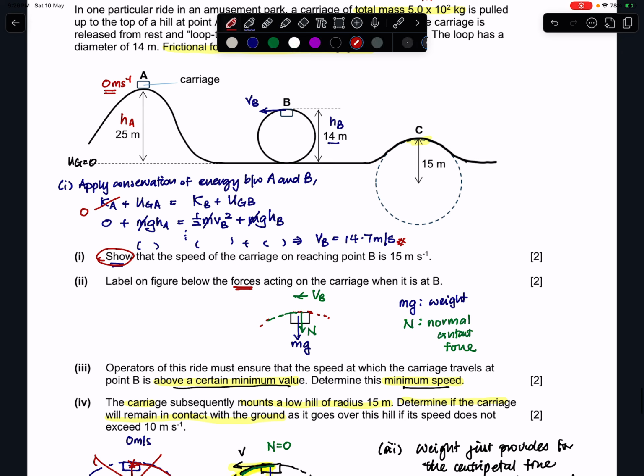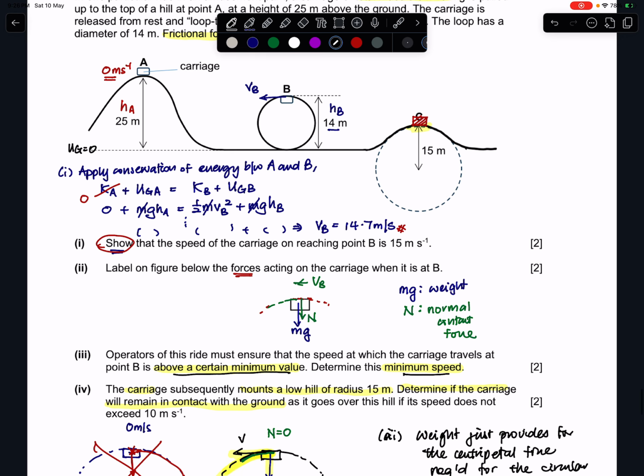If you are looking at the object at C and you are trying to analyze this circular motion, then to determine whether it is in contact, we are looking at the value of N. If N is equal to 0, it is just in contact.